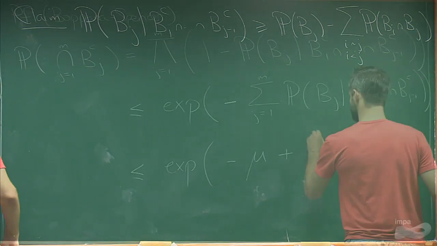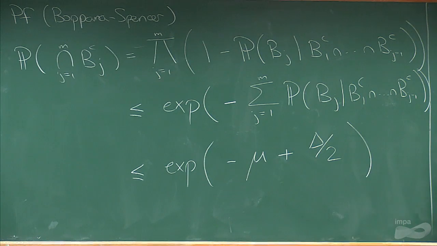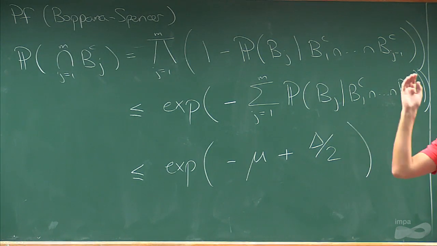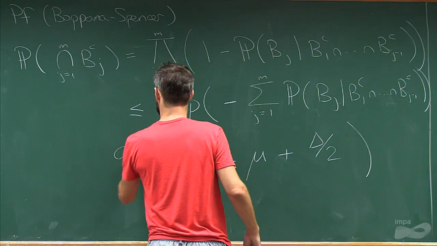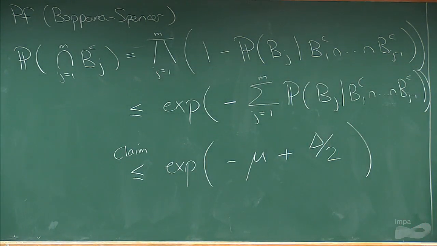So it's plus delta over 2. Whether you count it once or twice doesn't really matter, we just have to agree on something. Okay, so if we can prove the claim, then we've proved the first part. Nothing happened. This is all trivial, right? It's just saying this is enough. Okay? Right. So now comes the difficult part.